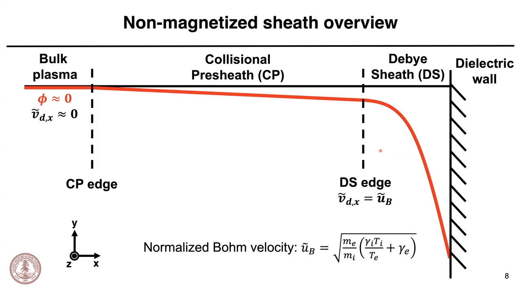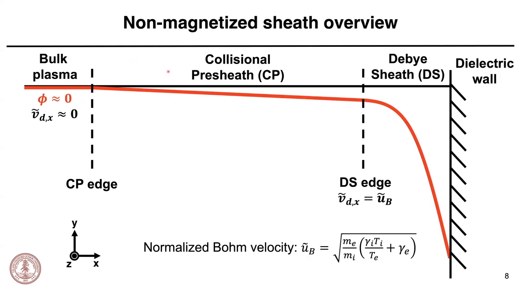First I'll do a very quick review of what I'm talking about with a sheath, and how we go from a non-magnetized sheath to a magnetized sheath. Here I'm showing the setup I'm going to talk about, one in which the wall is a dielectric wall, or potentially floating, and it's containing a bulk plasma.